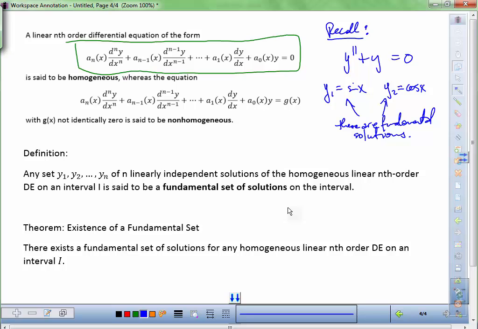And then what I was mentioning, getting ahead of myself, was that the superposition principle says that if we take a linear combination of those two fundamental solutions, then we get a general solution. So we have fundamental solutions, and then we're going to string this together to make a general solution.